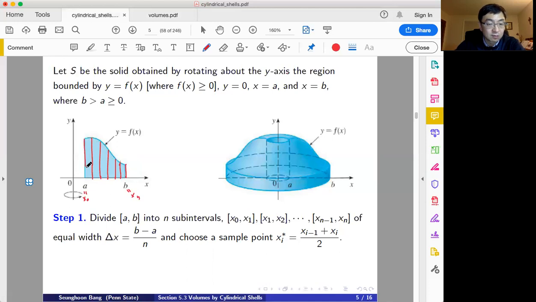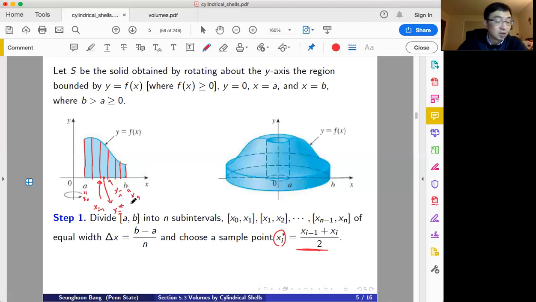So we think about this point as xi minus 1. This point is xi. You can choose xi star as the midpoint. This is xi star.